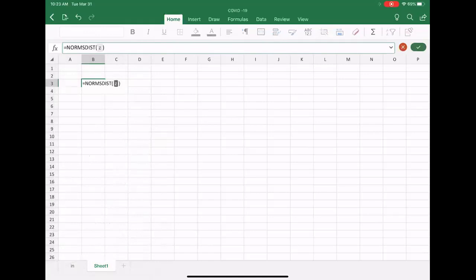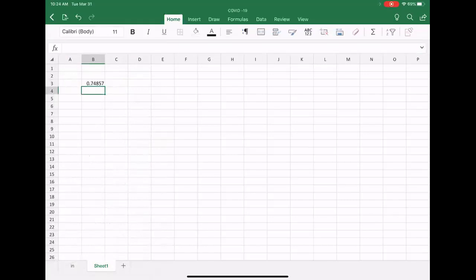So our last problem, our z-score was 0.67, correct? If I put in 0.67, I get the same answer that you got in the table. So again, NORM.S.DIST, with an S, will give you the values out of the table, right?